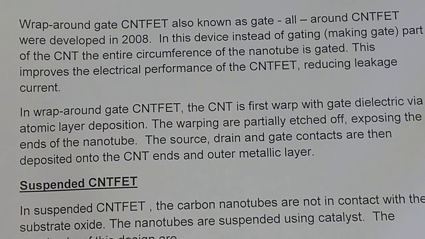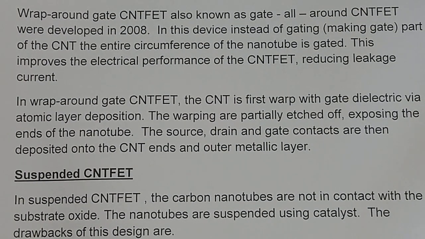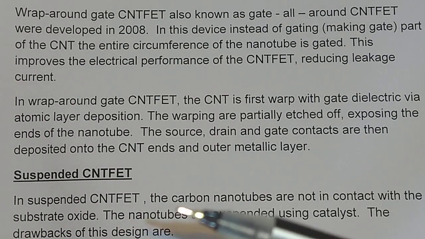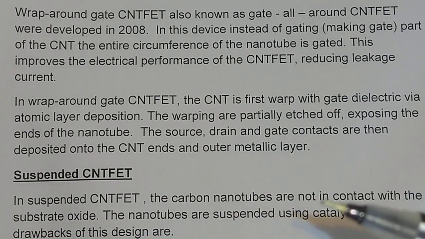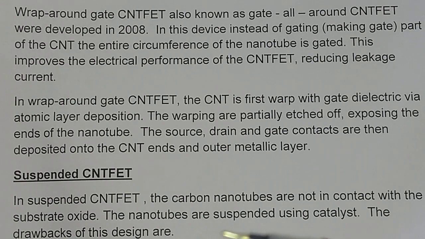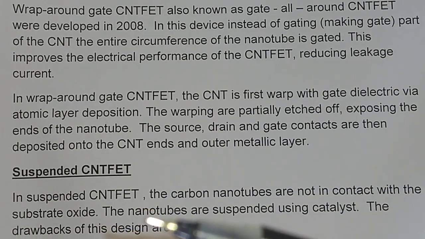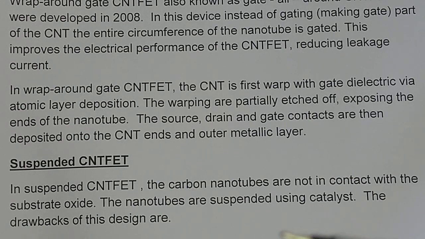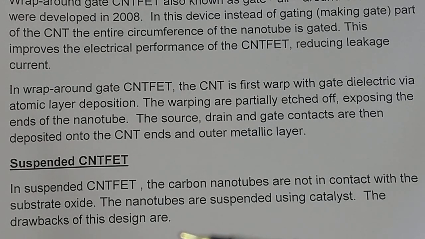Now let us discuss the suspended carbon nanotube field effect transistor. In a suspended carbon nanotube field effect transistor, the carbon nanotube is not in contact with the substrate oxide. The nanotubes are suspended by using a catalyst. And what is the drawback of this design?